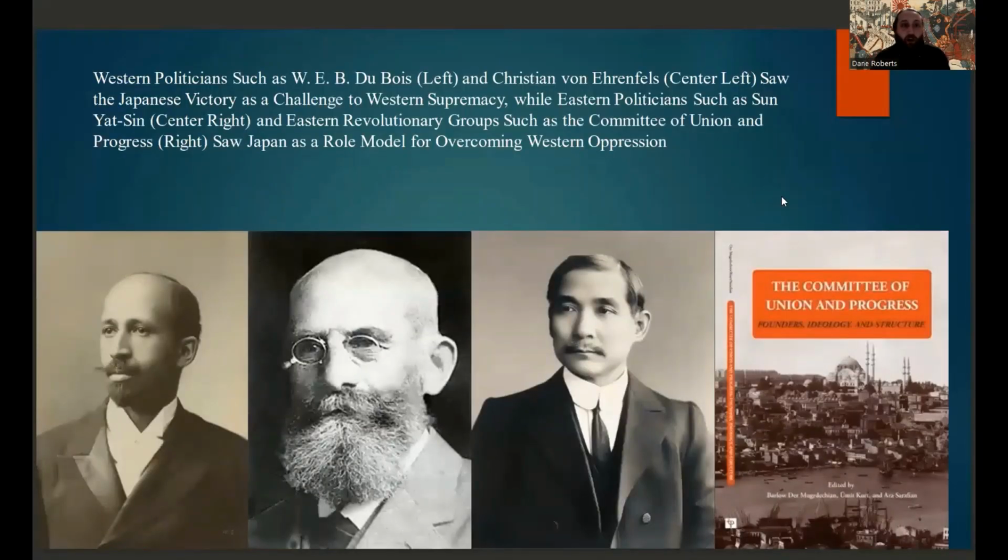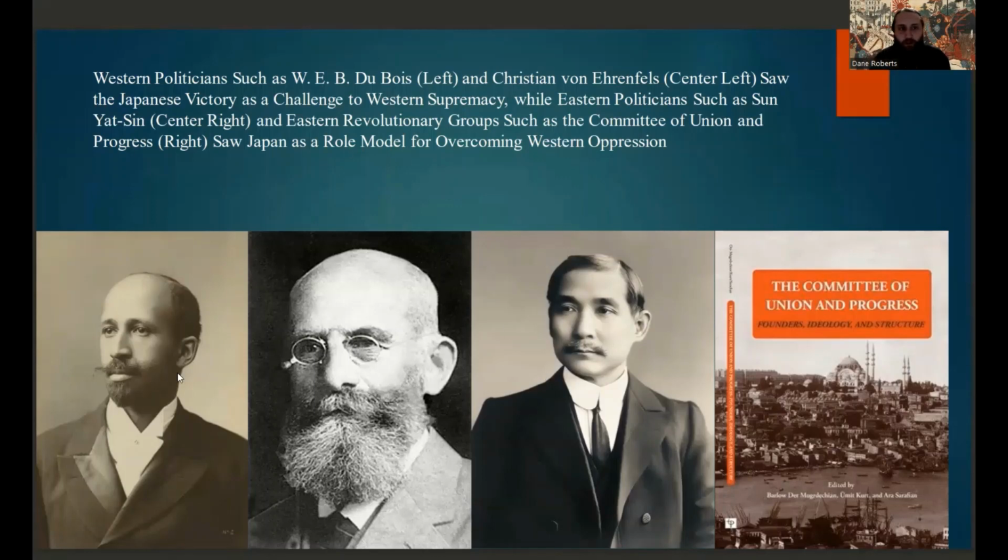So first off, Western politicians such as W.E.B. Du Bois, a U.S. senator, and Christian von Effenrels, an Austrian nobleman, saw the Japanese victory as a challenge to Western supremacy, while Eastern politicians such as Sun Yat-sen and Eastern revolutionary groups such as the Committee of Union and Progress saw Japan as a role model for overcoming Western oppression.